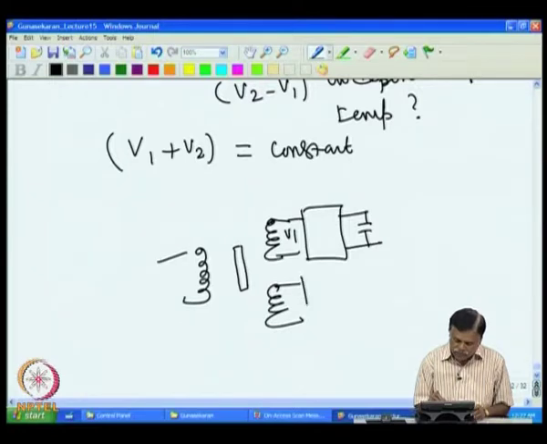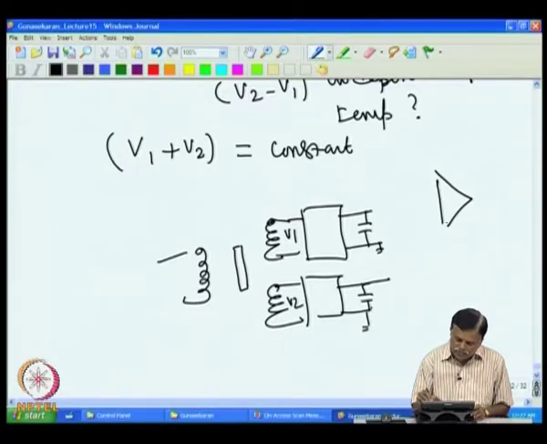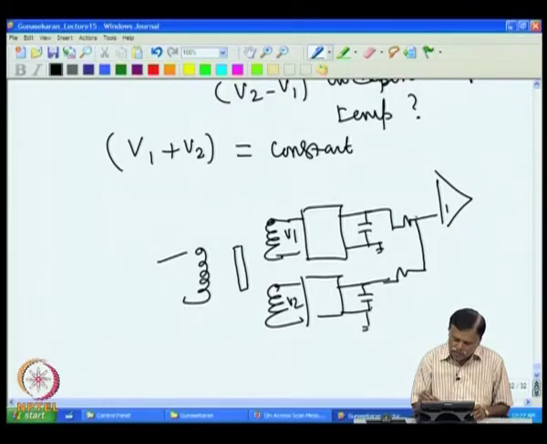Similarly, I rectify this V2, and I again get a DC voltage. Now I take these two voltages and add them. For example, I can add these two voltages here, and then I compare the sum with the reference here.